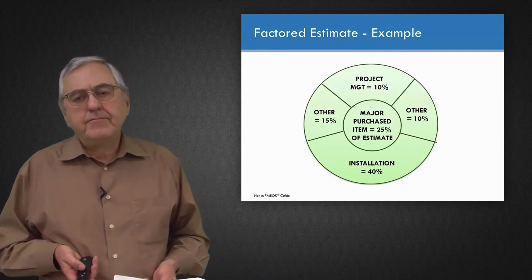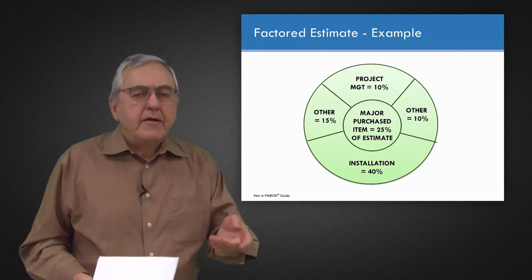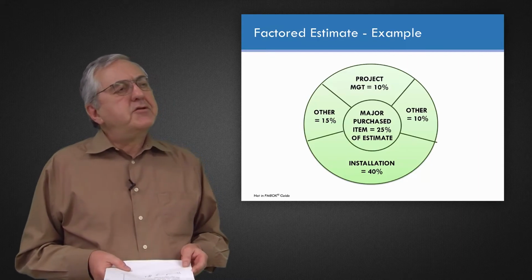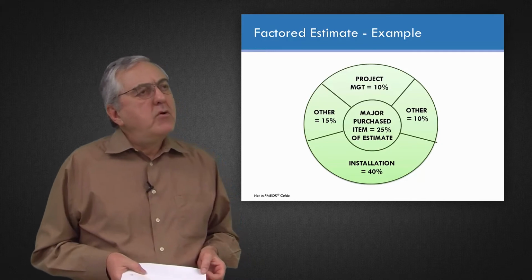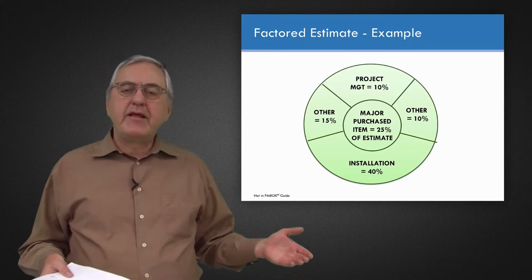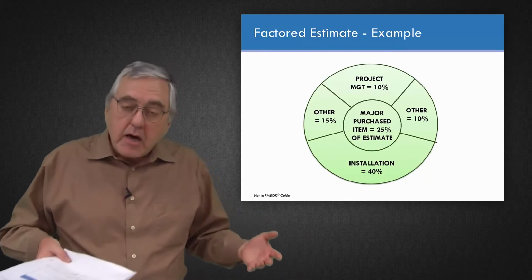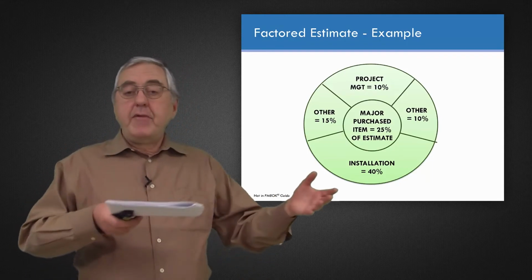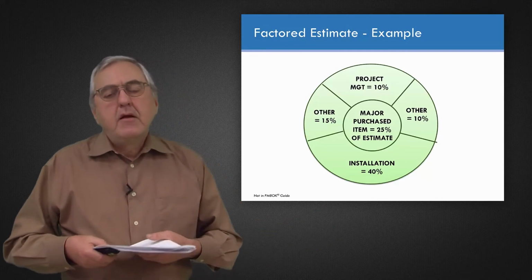Here's another example from my own projects. I realized after doing these kinds of projects for several years that we did not have to spend the whole 3 months of a definition phase or planning phase to come up with the cost of the detailed design and installation of a major piece of equipment within my pulp and paper mills that I used to work on.